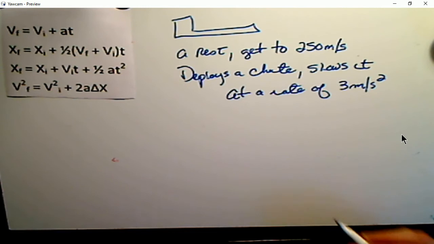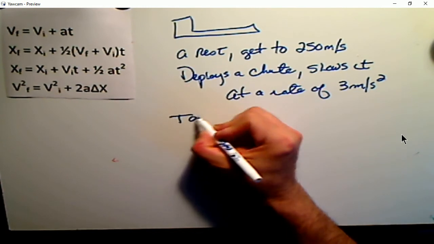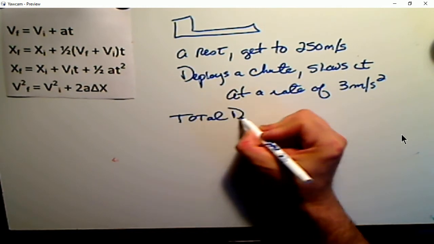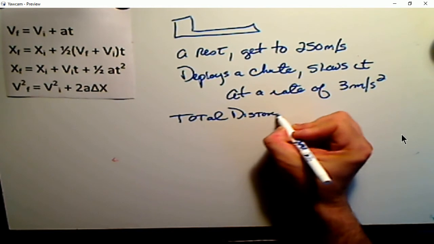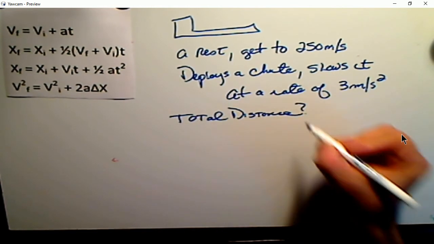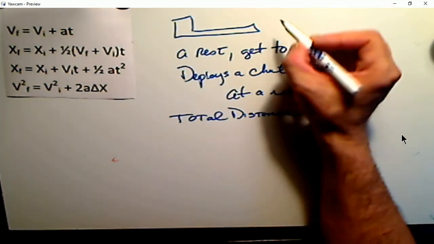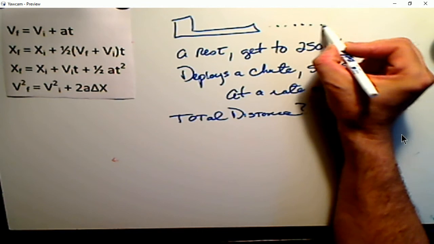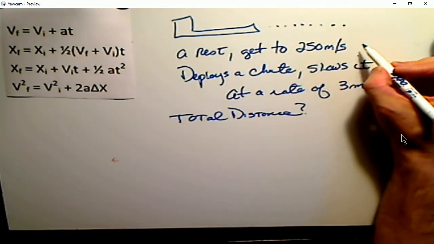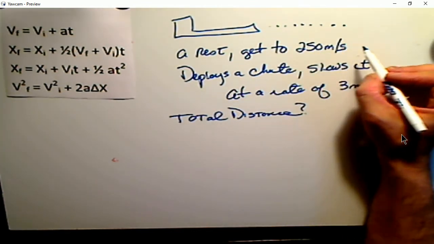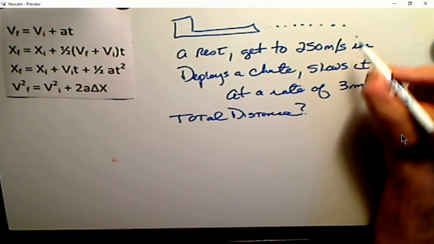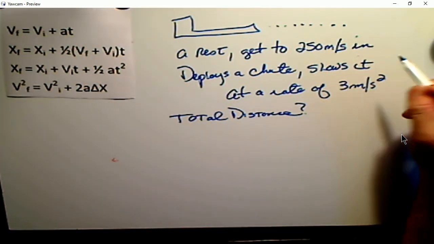Total distance. What is the total distance from the start of the race till when it stops? That's what we have to solve for. I should also say that it does this acceleration in 5 seconds, let's say.